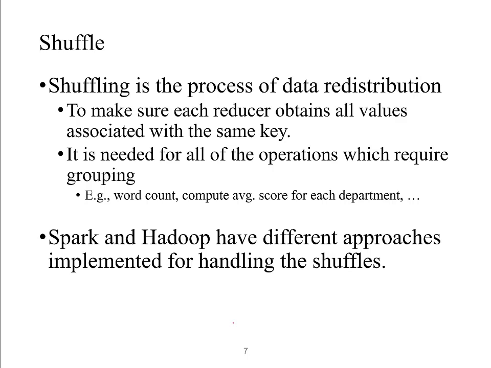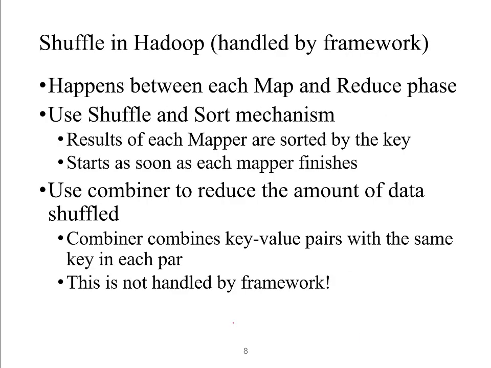So basically, Spark and Hadoop MapReduce have different approaches implemented for handling shuffles. So shuffle in Hadoop, as I said, is handled by the framework. The shuffle in Hadoop happens between each map and reduce phase.